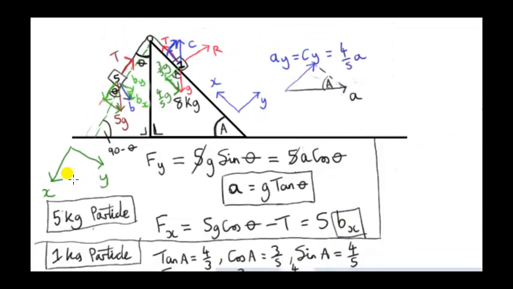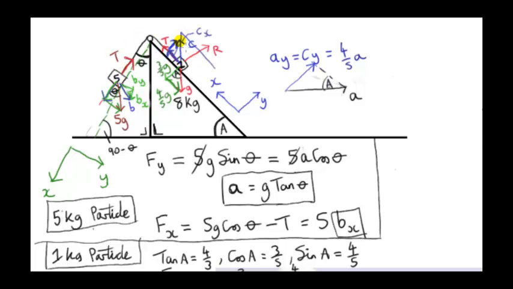Now we've seen this before. Of course the x-axes are different, but we're dealing with the actual accelerations here. We're applying Newton's second law, so b sub x is an actual acceleration, and c sub x is also the actual acceleration. So c sub x is in here, this vector here, and they're the same. c sub x equals b sub x. We've seen that before, where two particles are connected by an inextensible string.